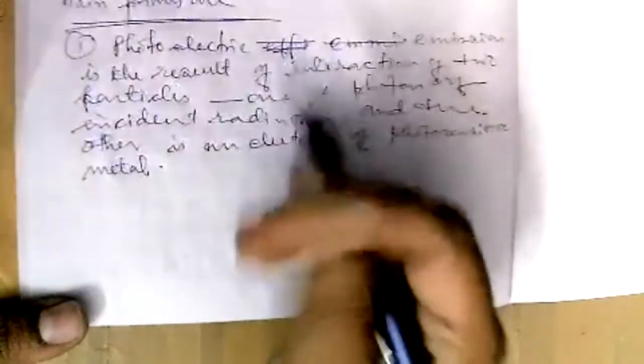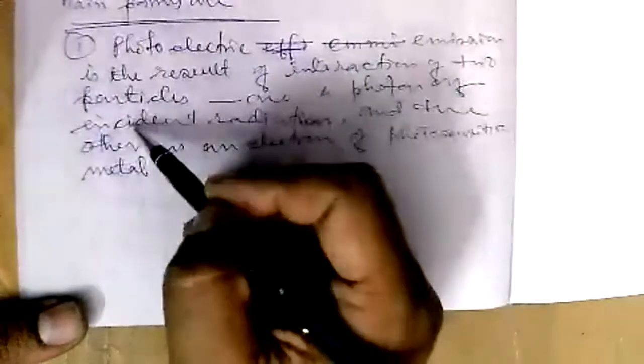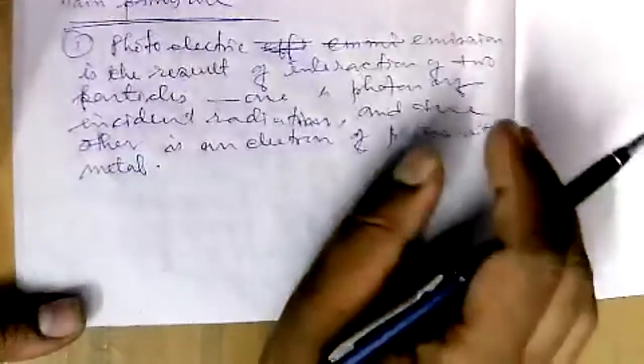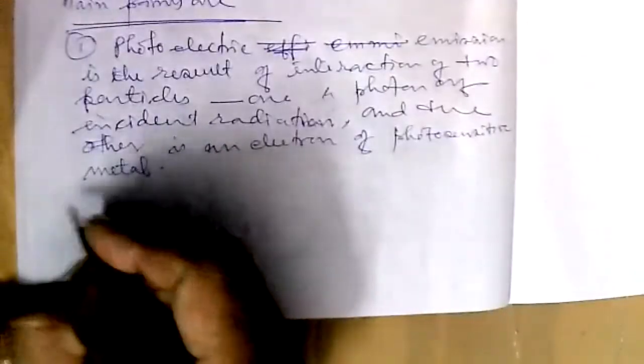Now, according to Einstein's photoelectric theory, the photoelectric emission is a result of interaction of two particles. One is the photon of incident radiation, the other is the electron of the photosensitive material.